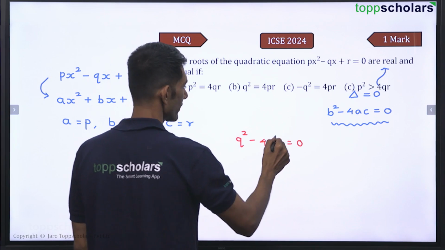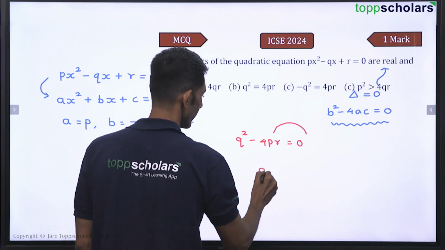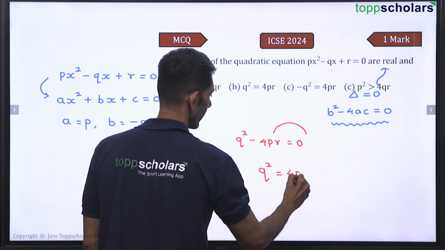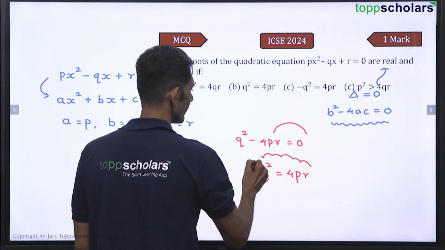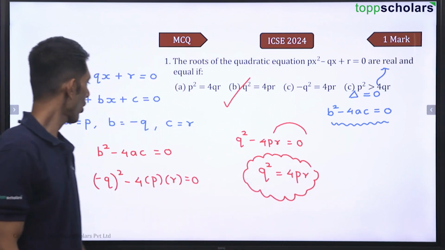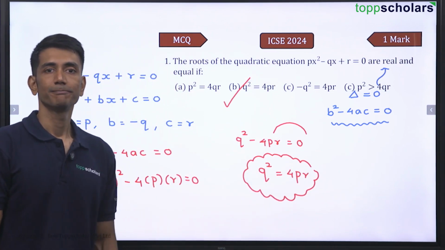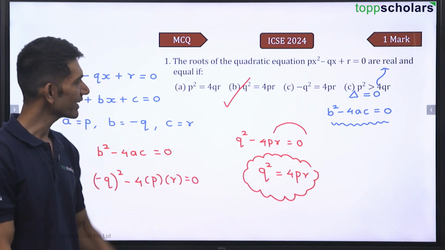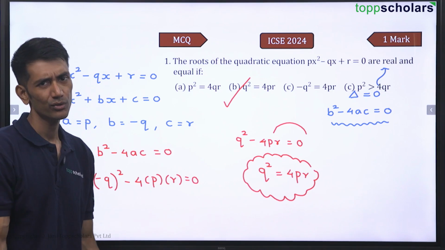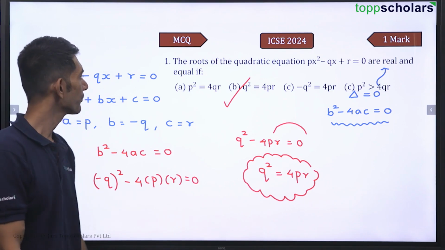So if I shift this on the other side, I get q square is equal to 4pr, and check if you have this as the option anywhere. Option B is the correct option, right? We are having q square is equal to 4pr. Basically b square minus 4ac is equal to 0 is the answer to this.